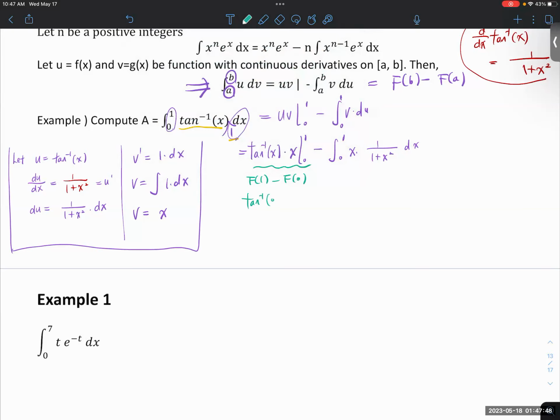So tangent inverse 1 times 1 minus tangent inverse 0 times 0. So this is the first term. That is going to be 0 anyway, you're going to multiply by 0. So this is tangent inverse 1. It means arc tangent 1. So the first term gives you the answer arc tangent 1.